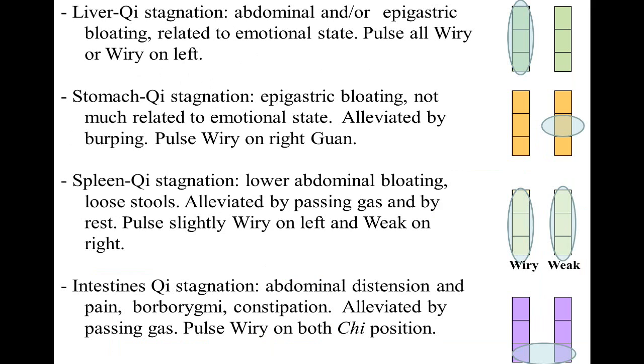And I'd like to show you some effects of qi stagnation on the pulse. The pulse is very useful and very important in identifying the root of the problem, and it reflects the qi stagnation quite well. For example, in liver qi stagnation, the pulse could be wiry on both sides, or very commonly it would be wiry only on the left.